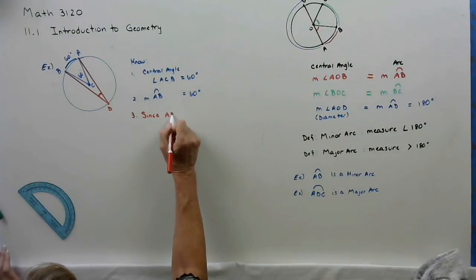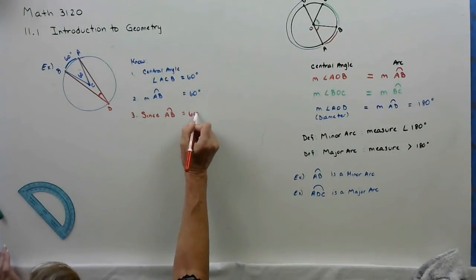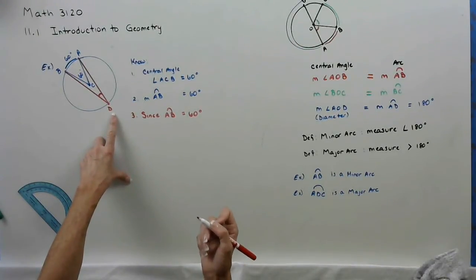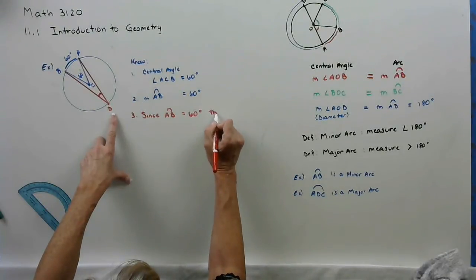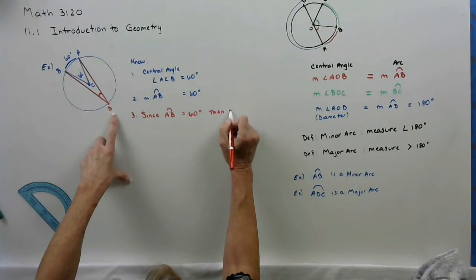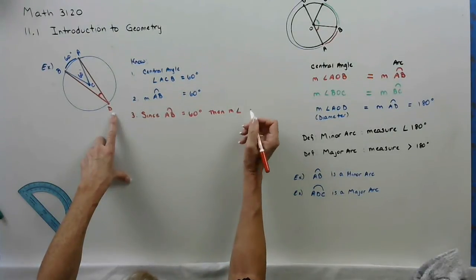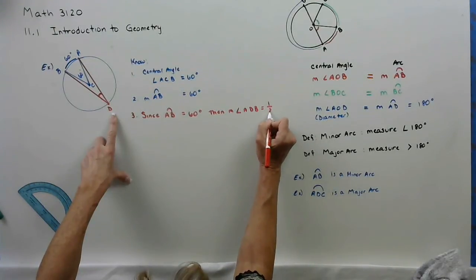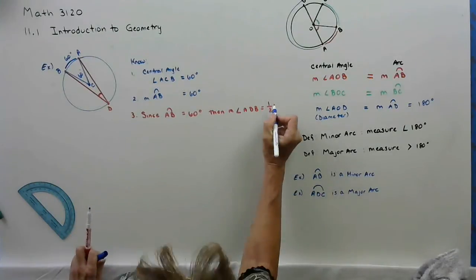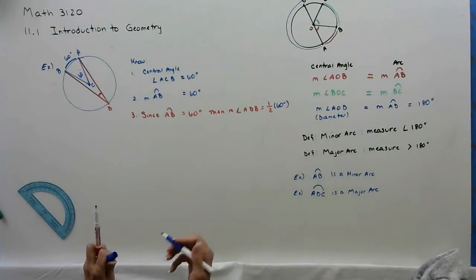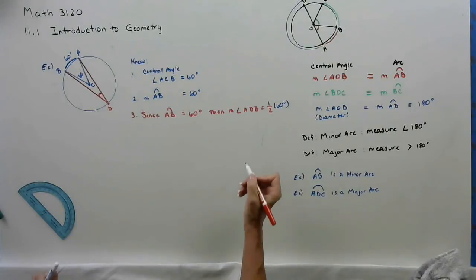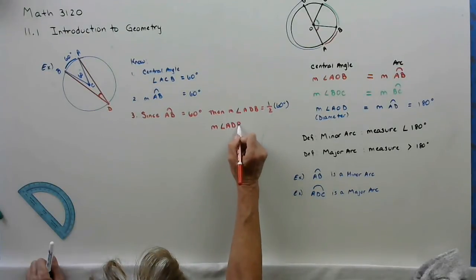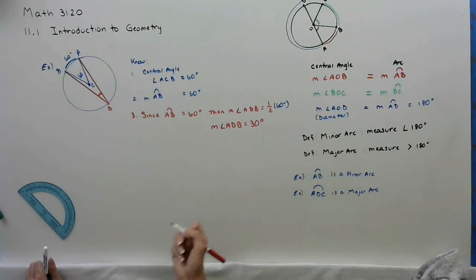Since arc AB is 60 degrees, and D is any point other than the center, then the measure of angle ADB is automatically half of whatever the arc was that it spanned. So I know that the measure of angle ADB is automatically 30 degrees.